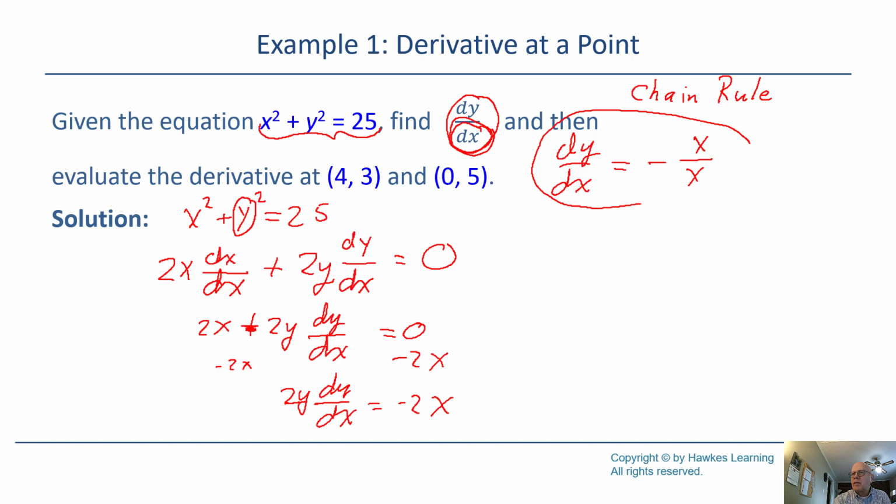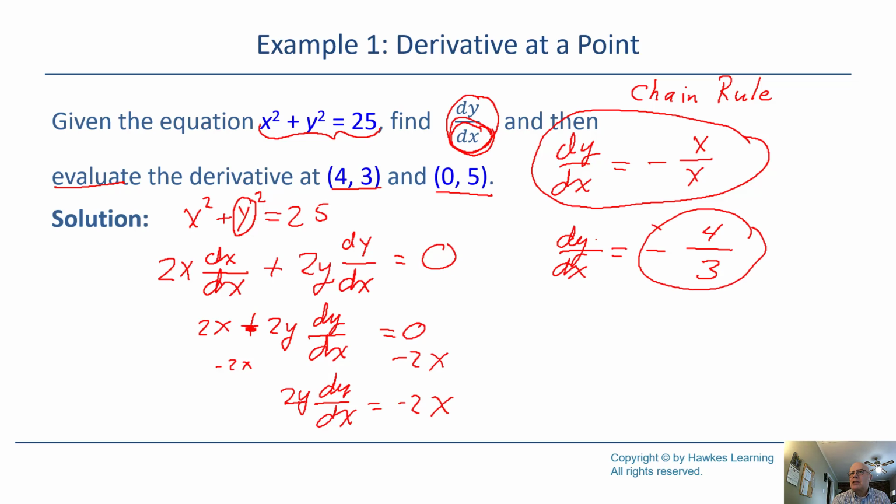And there's your derivative. But we're not quite done, because it says evaluate the derivative at these two points. Actually, this is really easy. So you want dy/dx for the first point. Just put the value of x from (4, 3), that's a 4. Put the y value down here, and there's your derivative at the point (4, 3).